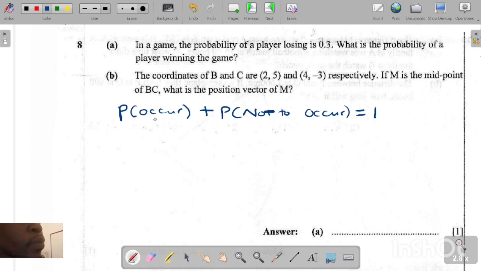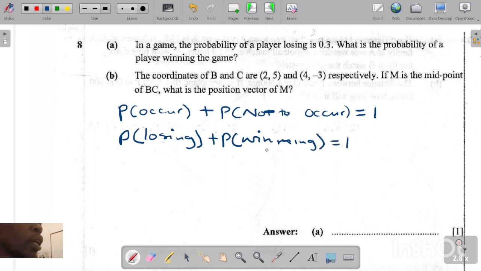In other words, the probability of success plus the probability of failure, you should get 1. So in this case, we've been given the probability of a player losing, so plus the probability of a player winning, we should get a 1.